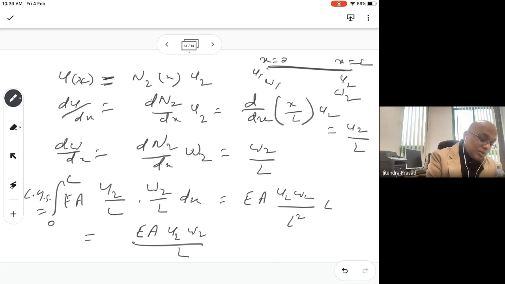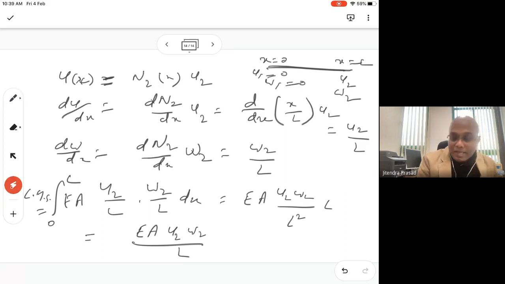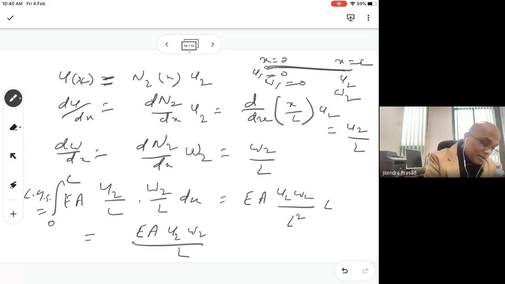But you know that u1 equal to 0 and w1 also equal to 0, because w has to be 0 where u is given. u1 comes from the boundary condition itself. Here 1 means node number 1, 2 means node number 2.